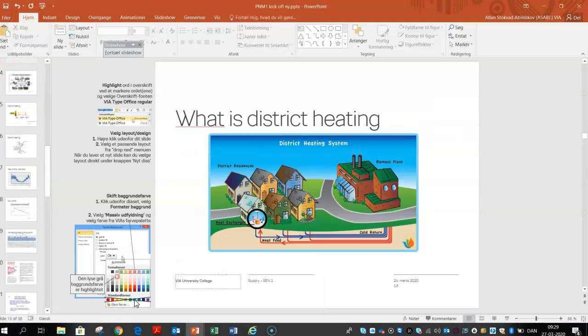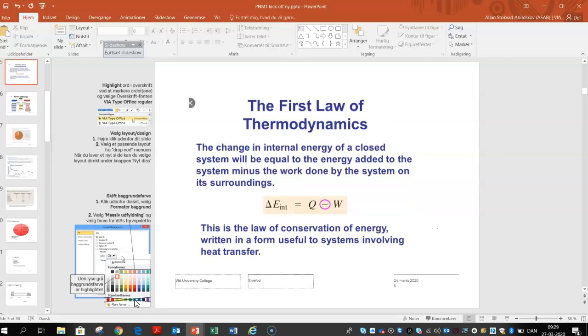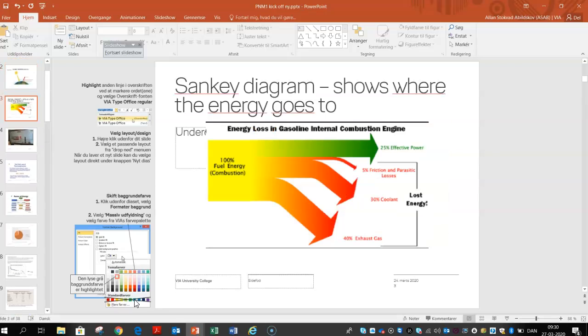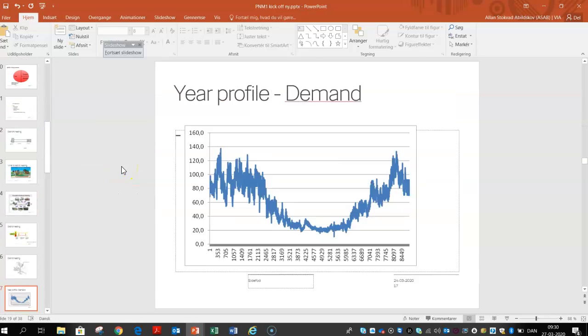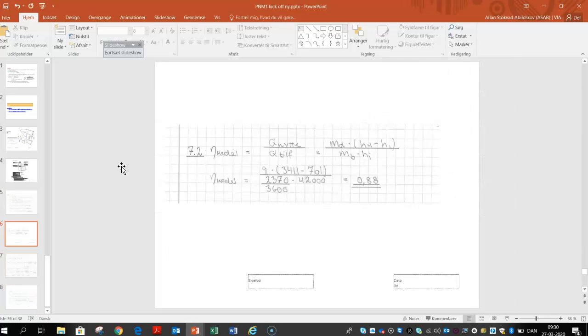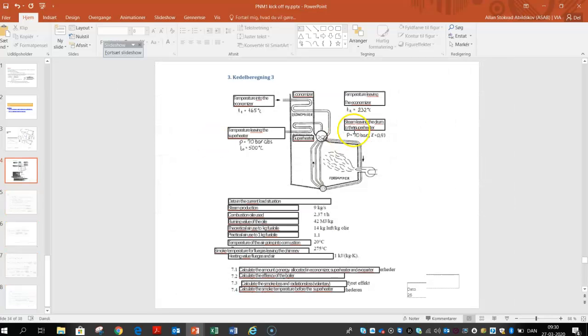First of all, I would like to show you this one here. This is what we use in question 3. The amount of energy is 100%. It's our chemical energy, our fuel energy. And then it goes to different places. When we talk about a boiler, you calculate that a lot of it goes into the steam in this process.